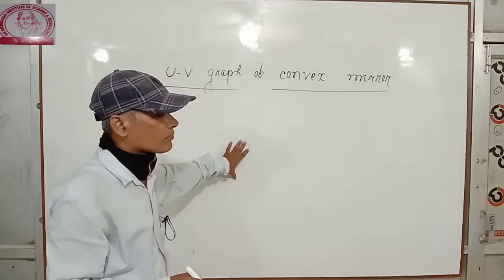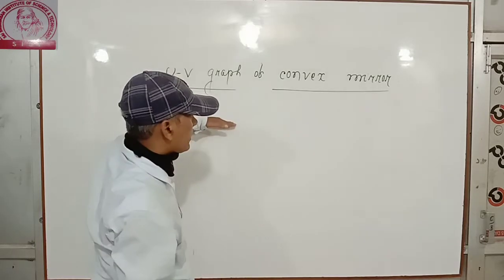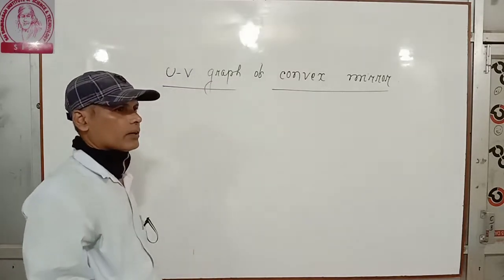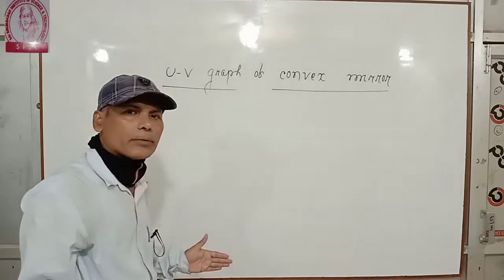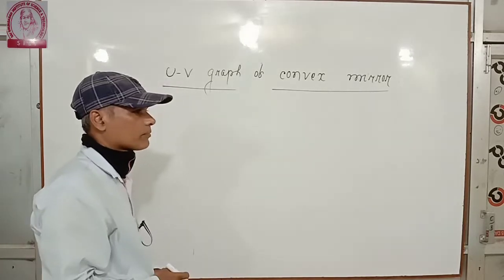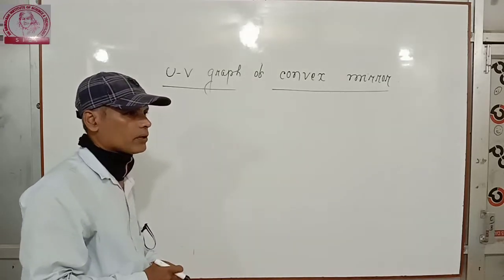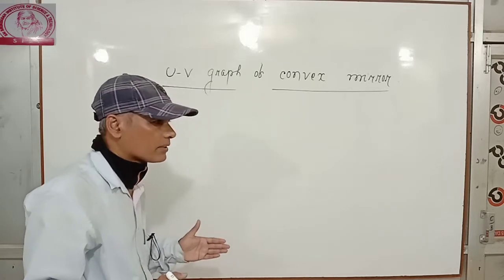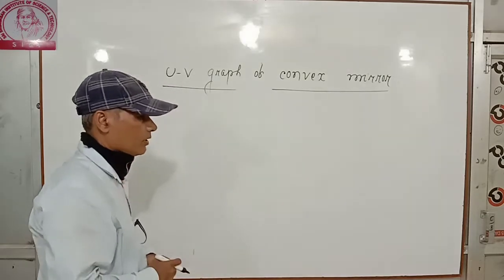You see, there in the whiteboard on the right side, I have mentioned what is the value of V, or what is V for what is the condition for U.